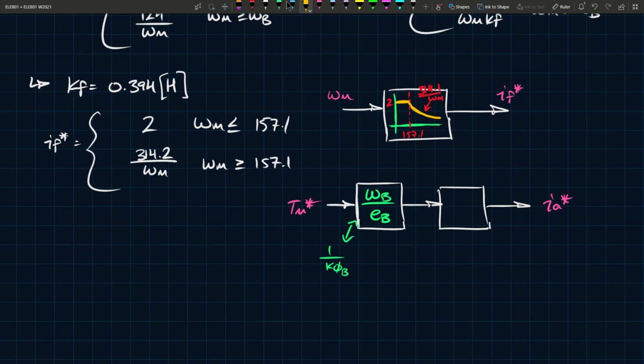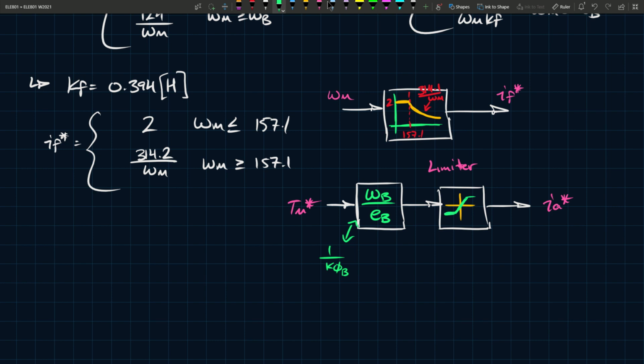Now what's this? This is the limiter, or sometimes it's called the saturation block. It's used to make sure that your armature current will never exceed its maximum rating so you don't burn your machine.